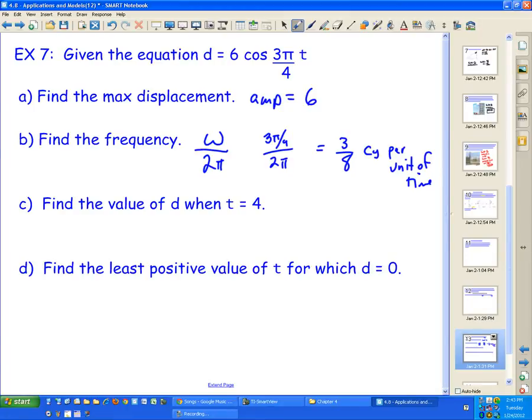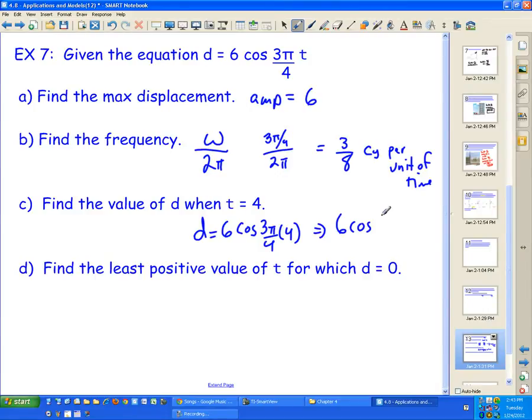So then if we want to find the value of d when t is 4, that's just a matter of plugging in 4. So d will equal 6 times the cosine of 3 pi over 4 times 4, which is the same as 6 cosine of 3 pi.